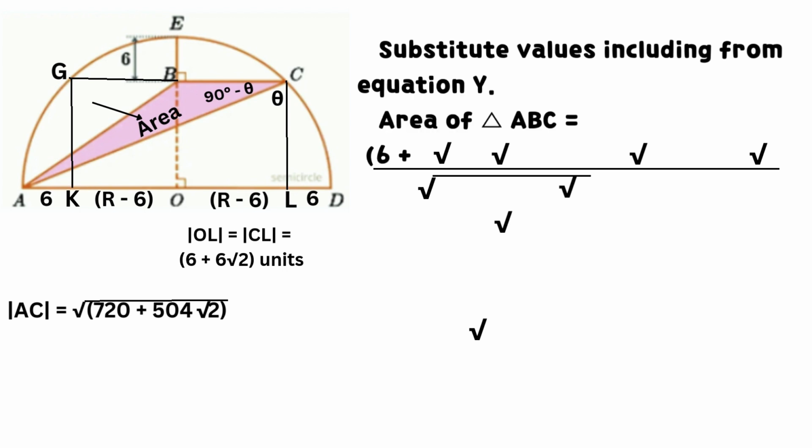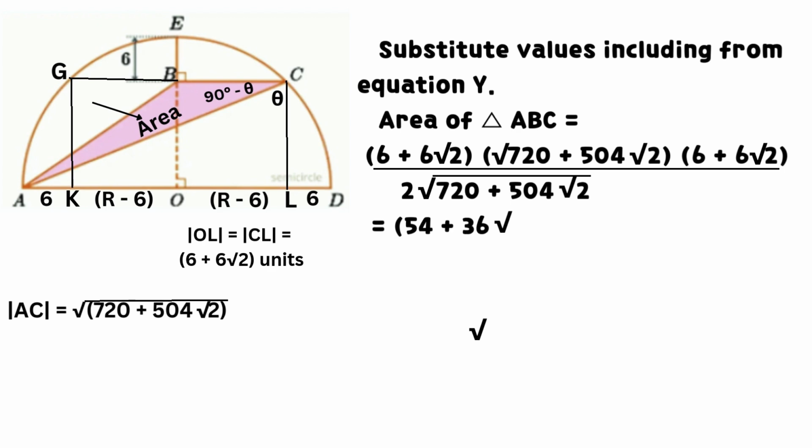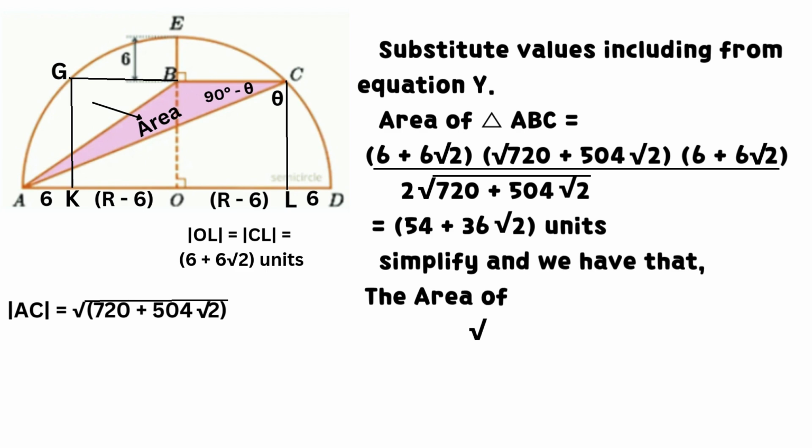Substitute values, including from equation 2. The area of triangle ABC equals the sum of 54 and the product of 36 and the square root of 2, in units. After simplification of substituted values, simplify further and we have that the area of triangle ABC equals the product of 18 and the sum of 3 and 2 times the square root of 2, in units.